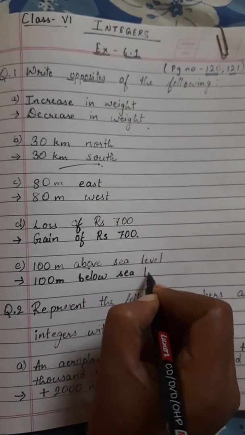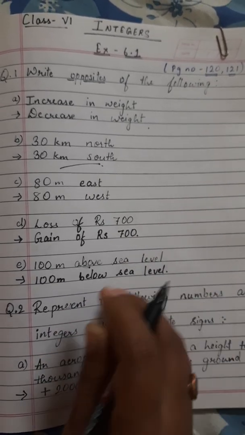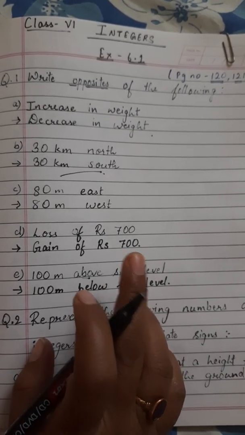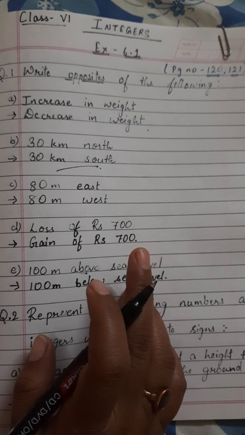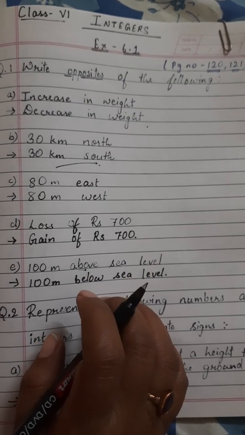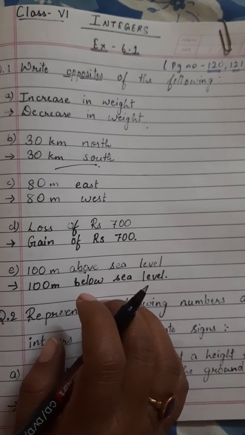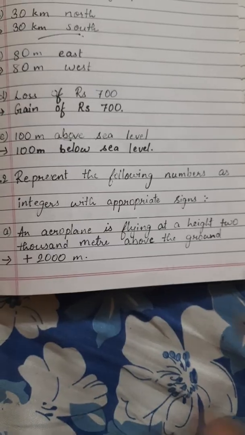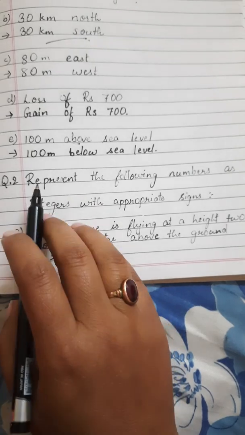Okay. So the only thing you have to do in this question is use the right opposite word and write it in the answer. Understood? Now moving on to the next question. Next one is question 2.